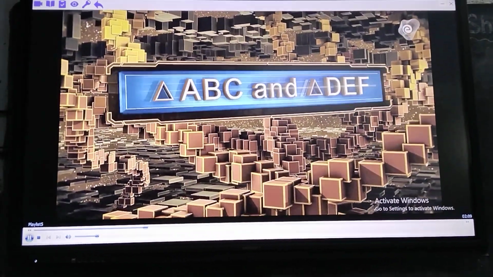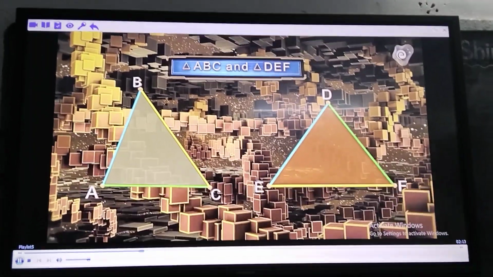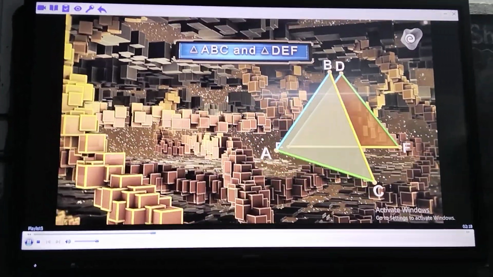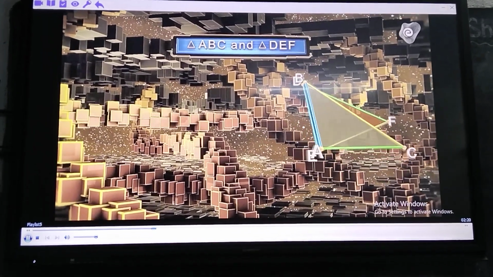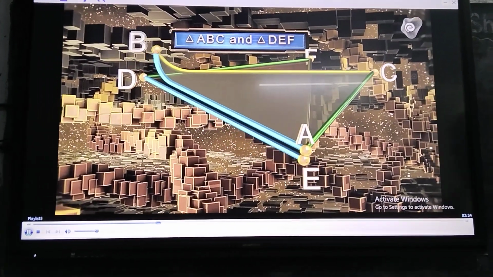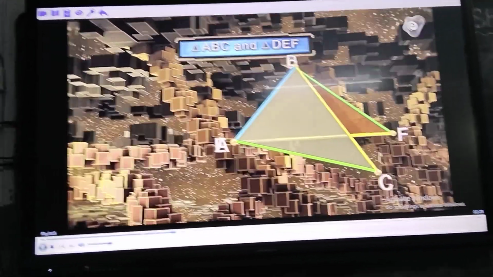Now, consider triangle ABC and triangle DEF, and place triangle ABC on triangle DEF such that A falls on E and B on D. Do the triangles cover each other completely? Obviously, they do not.